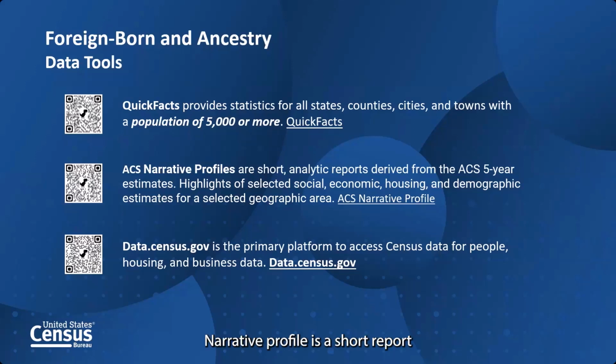An ACS narrative profile is a short report using 5-year estimates highlighting social, economic, housing, and demographic estimates. And last, we'll be using the data.census.gov platform to access census data for America's people, households, and businesses.